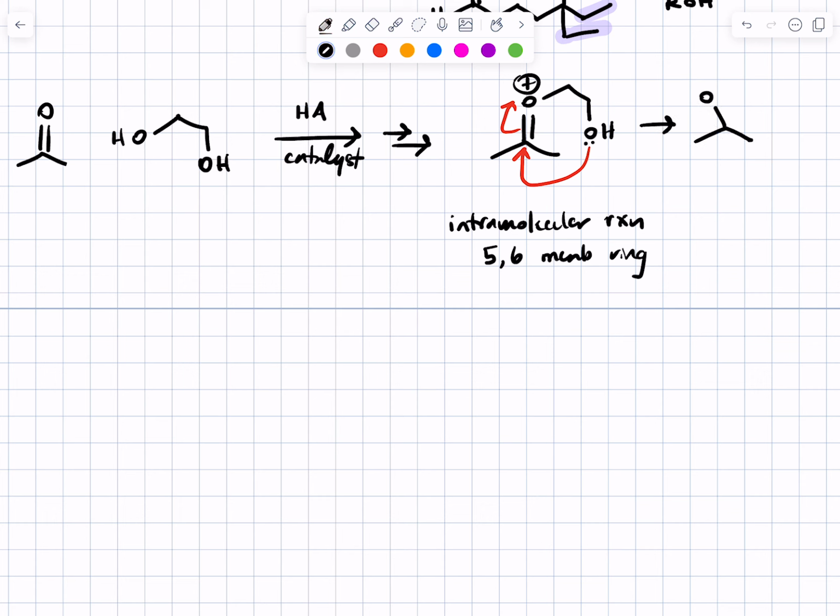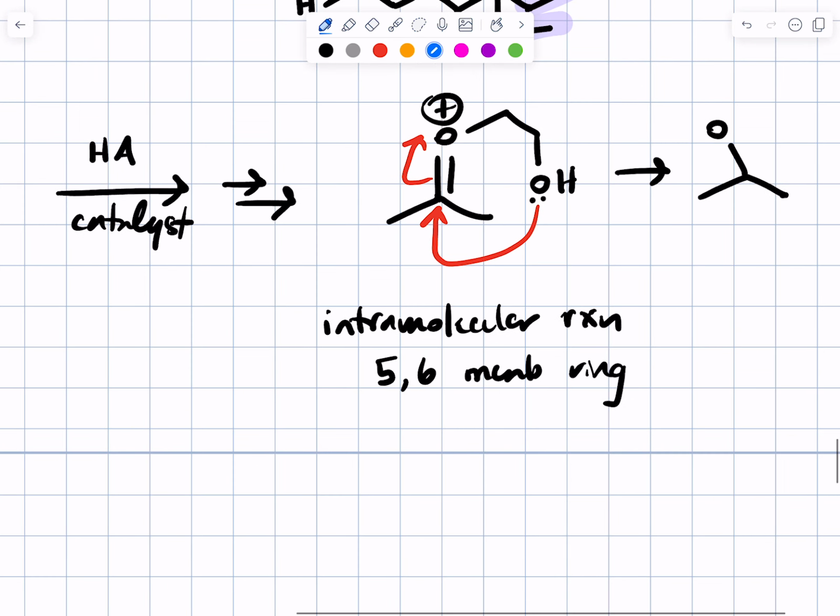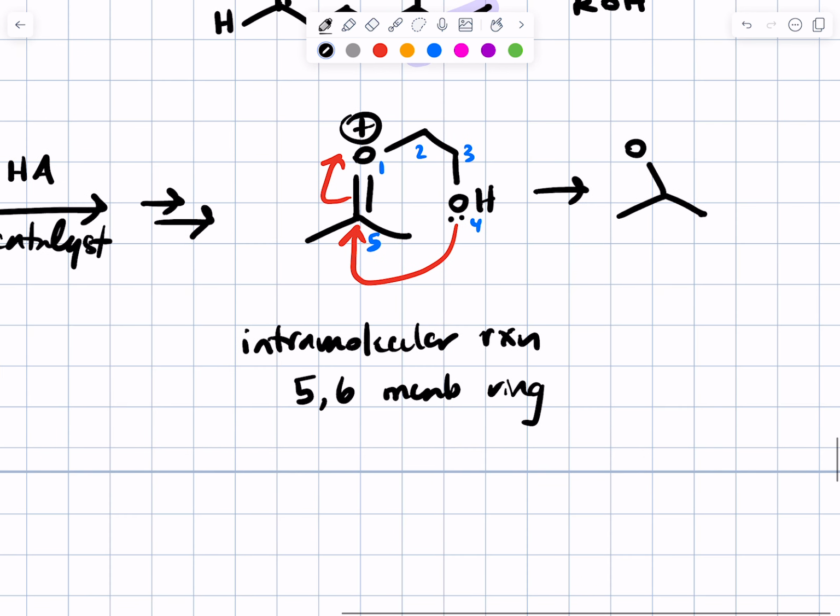That generates this intermediate. Now, whenever you do something like this in an intramolecular reaction, simply count the atoms that are involved, and that tells you what size ring to make. And then use that counting pattern to draw what the product should be.